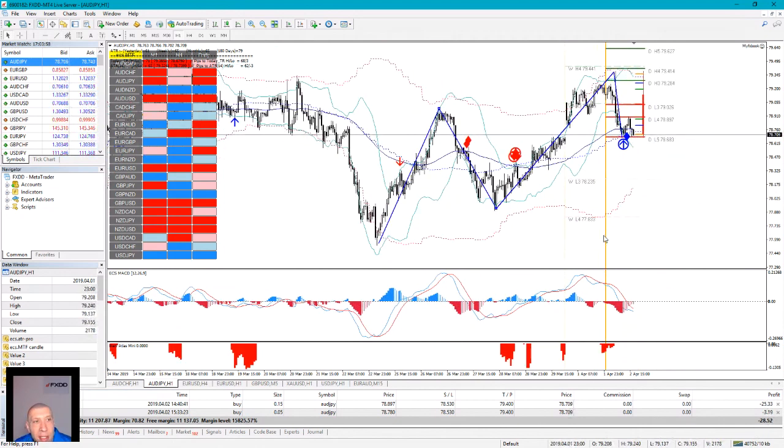Now, of course, the price is a bit slow, especially because we have NFP this week, so the price is a little bit slower. But then again, I said that around these levels here we could go long.